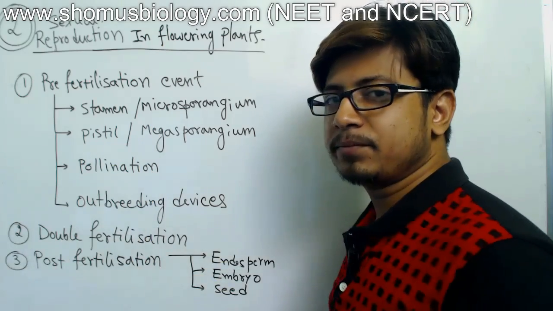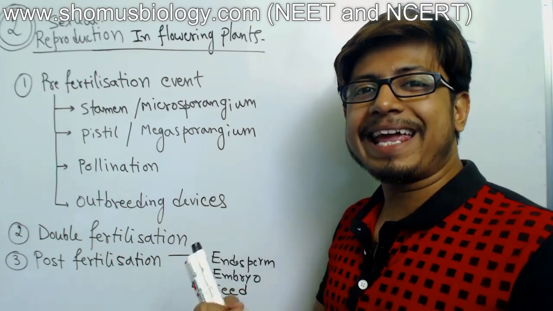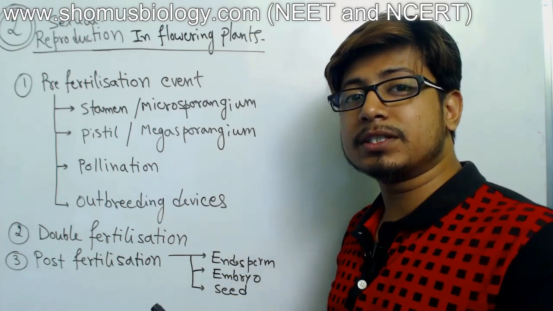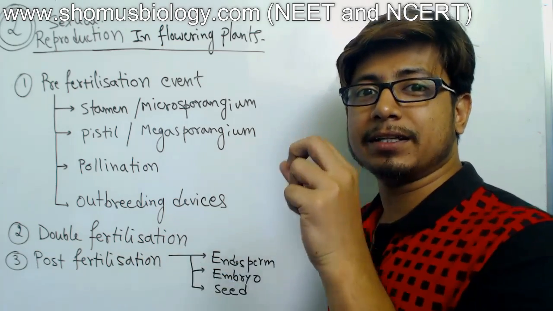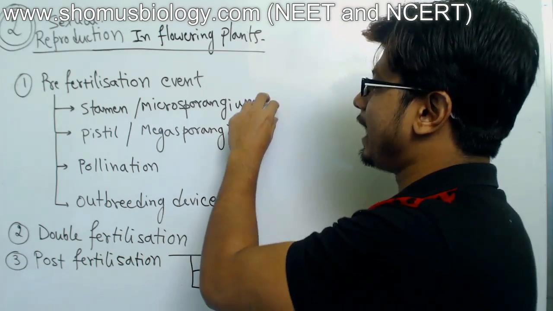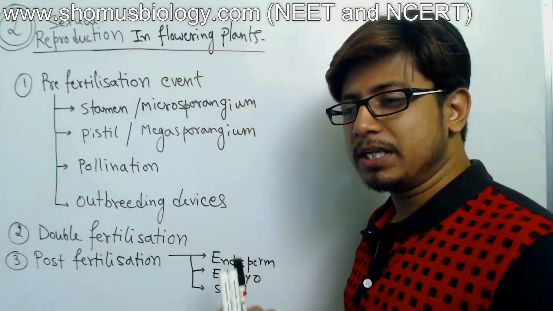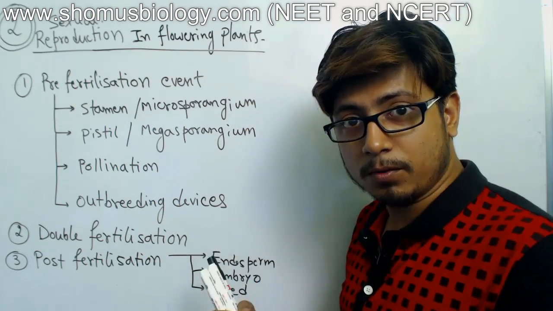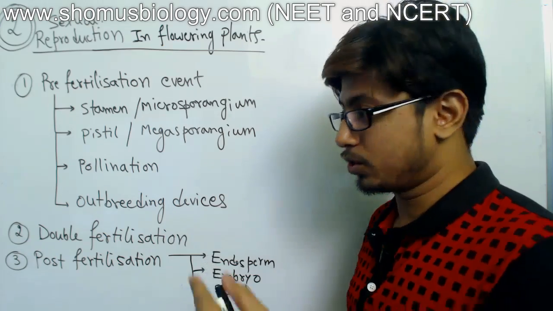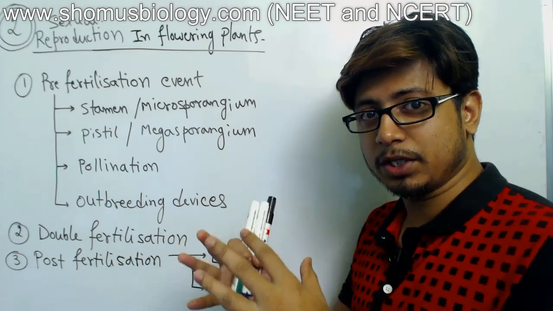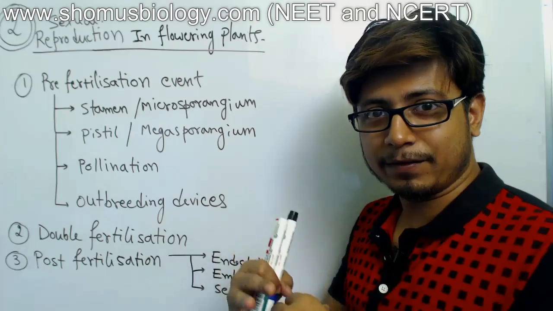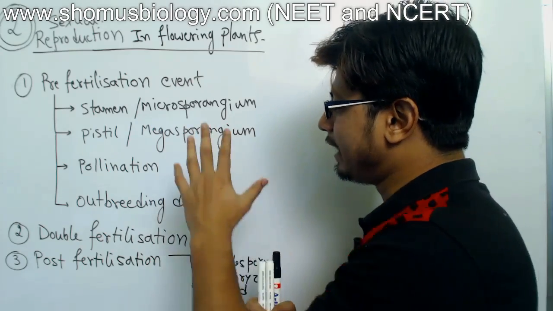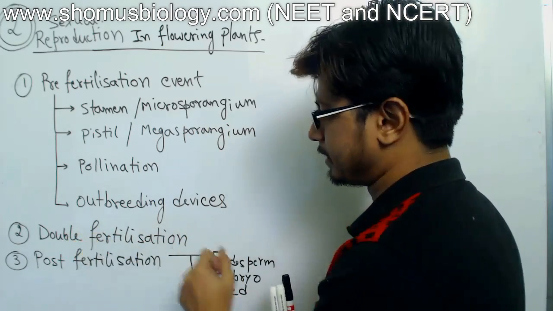On the other hand, plants also need to produce the egg, right? And the egg is produced inside a specific structure in the plant. The egg and the pollen grain both need to fuse with each other to form what is known as the zygote. So here we will also see the fusion of the male and female gametes, and then the fertilization event will take place.